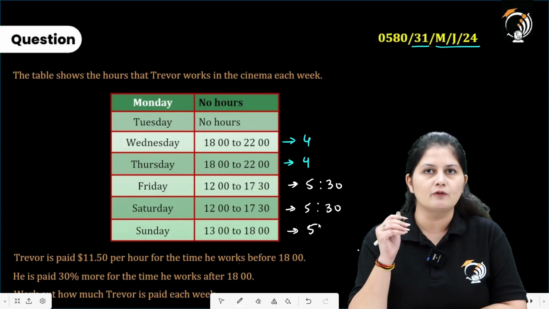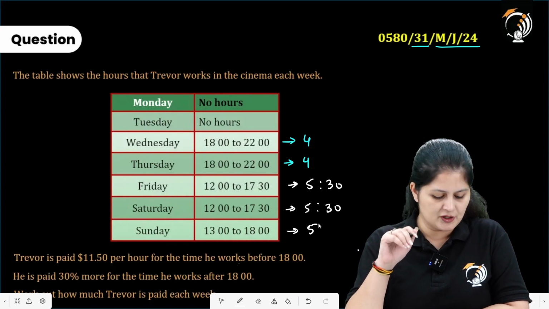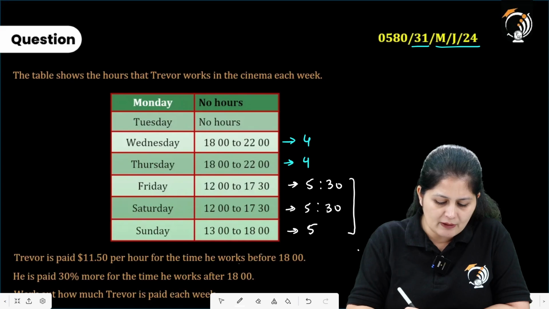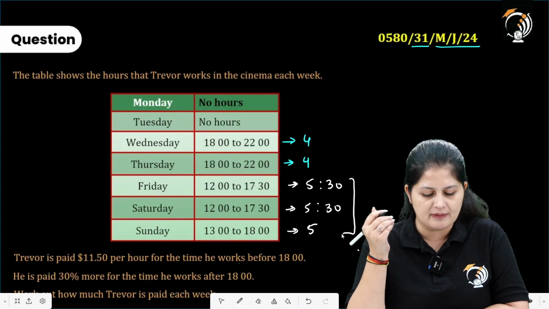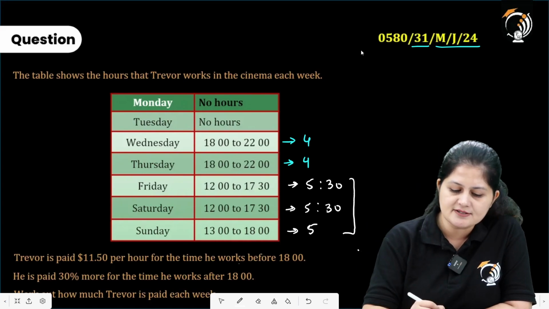Now let's find out the amount that he will be paid. So if I talk about the time when he is working before 6 p.m., that is 16 hours.